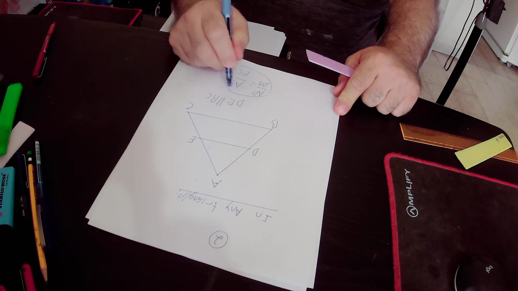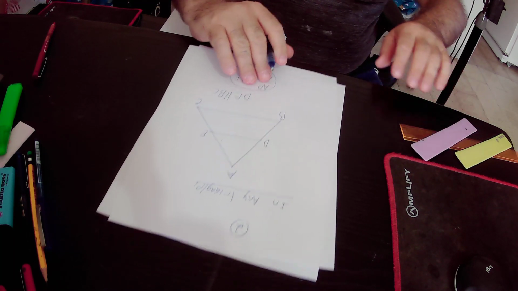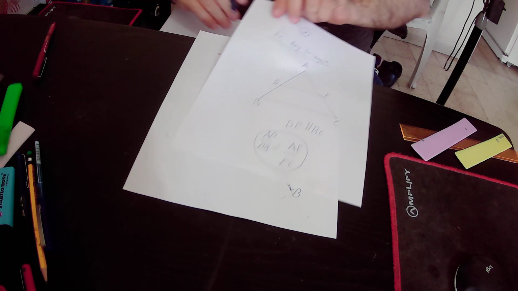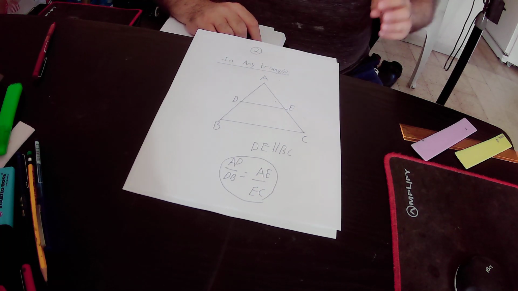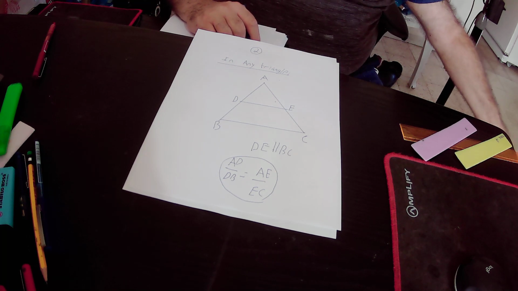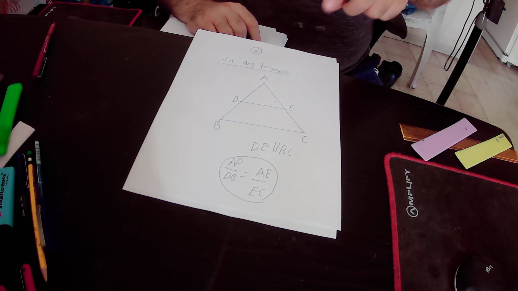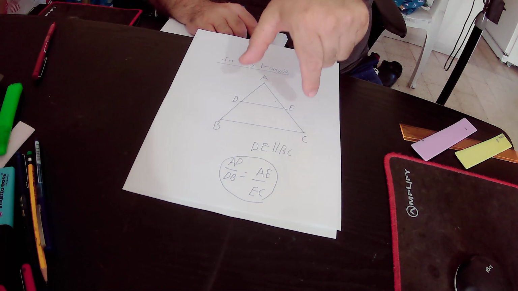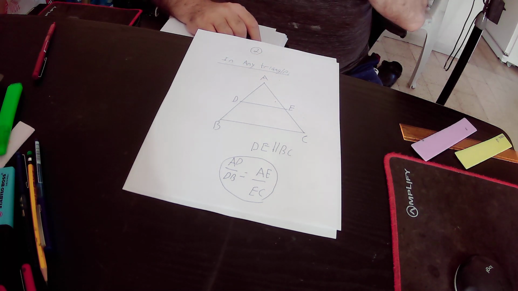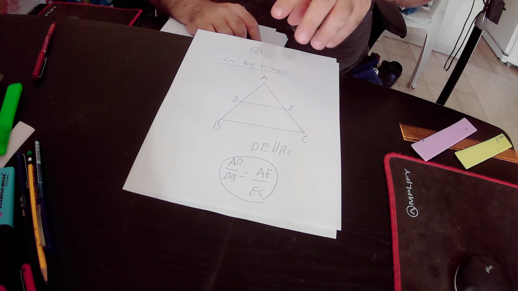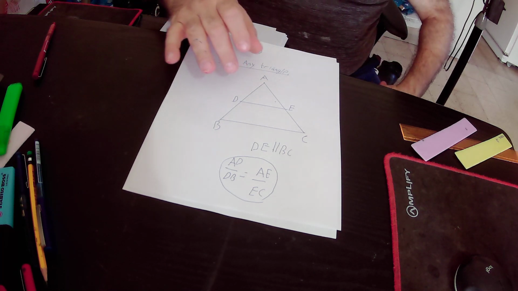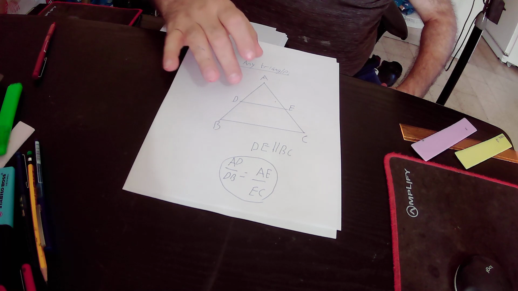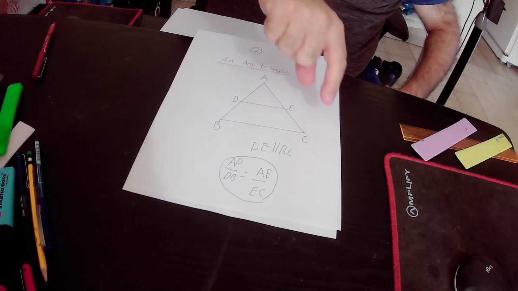So I will repeat again. This is triangle ABC that could be any triangle. If we know that DE is parallel to BC, then the following relationship exists between the sides of the triangle: AD over DB equals AE over EC.